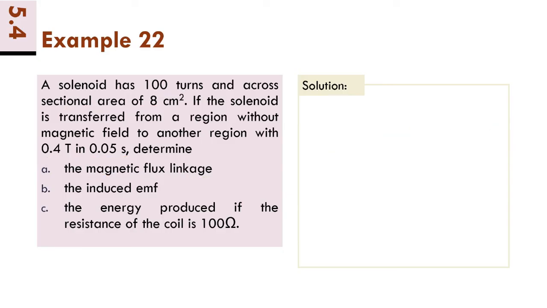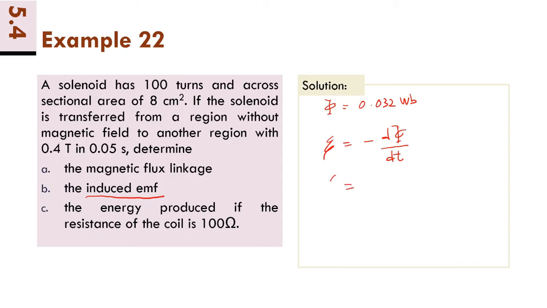Okay, next, question B. The question asks for induced EMF. Just now we have calculated the flux linkage, the answer is 0.032 Weber. So we can calculate induced EMF using the flux linkage. So EMF equals negative d Phi over dt.